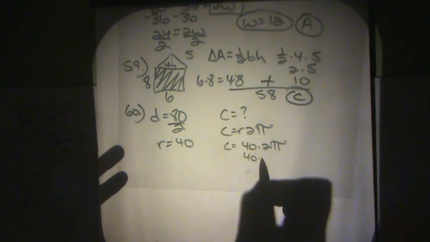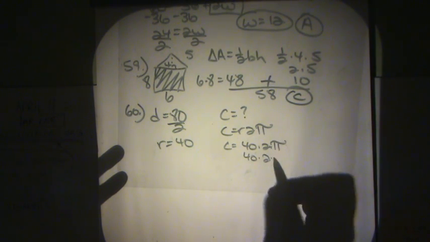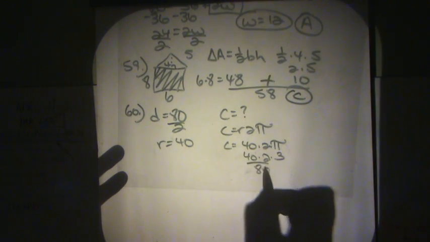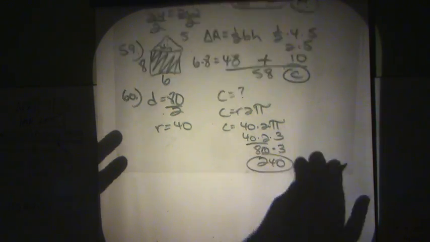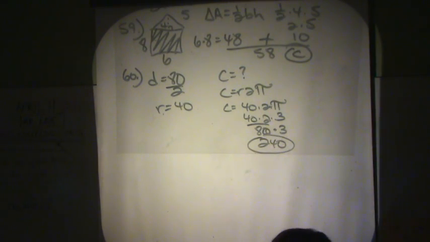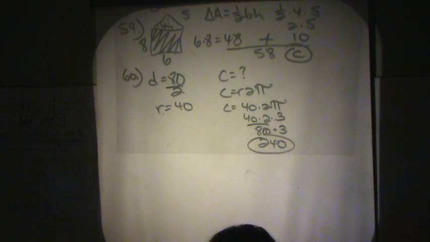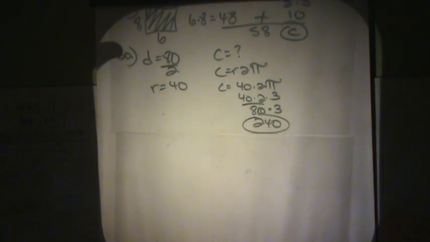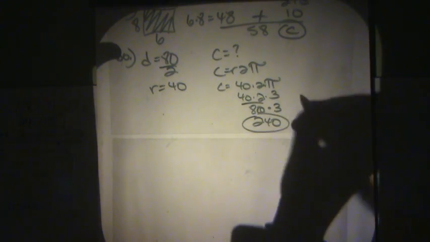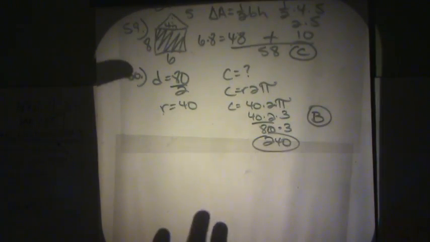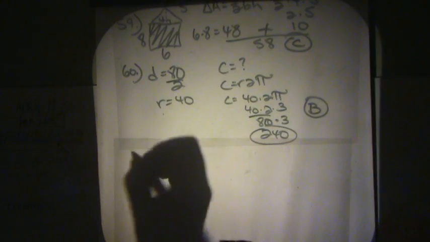So 40 times 2 times 3. 80 times 3 is 240. Approximate means, again, just use 3, and you're just choosing the one that's closest. So 240, the one that's closest to 240 is B. And since you notice we use a number that's lower, it's going to be slightly lower. 3 is less than 3.14.